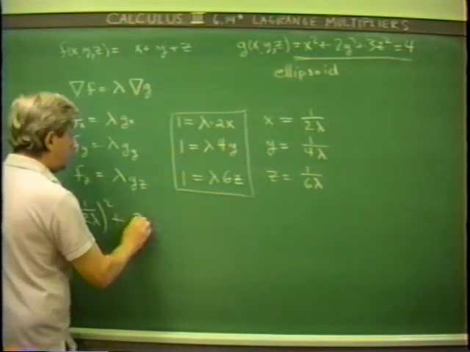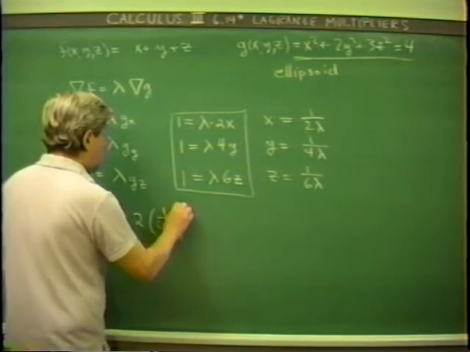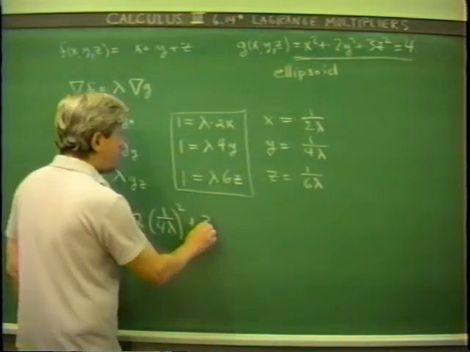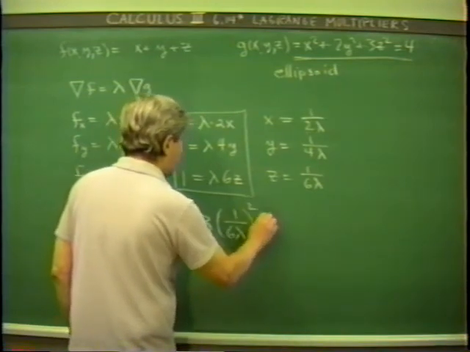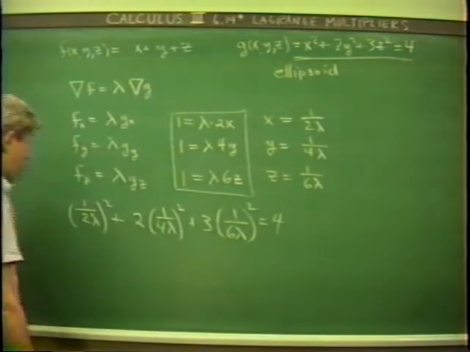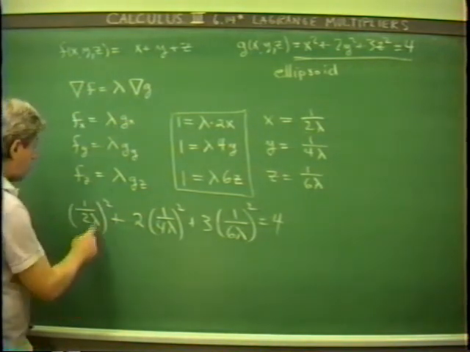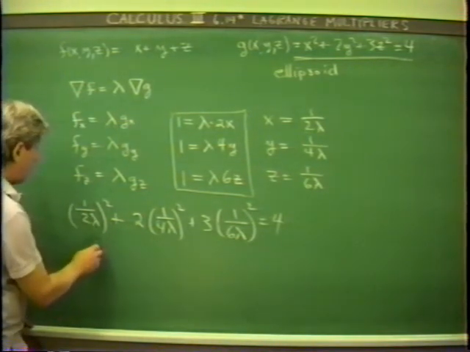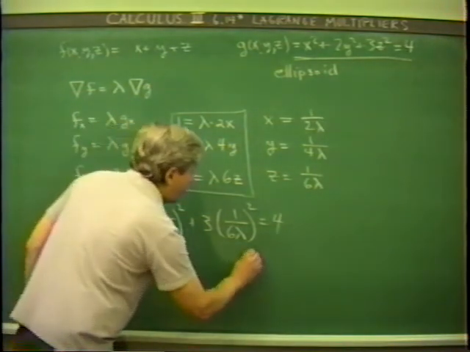Now if we put these three values in for x, y, and z, we get 1 over 2 lambda squared plus 2 times 1 over 4 lambda squared plus 3 times 1 over 6 lambda squared is supposed to be equal to 4.